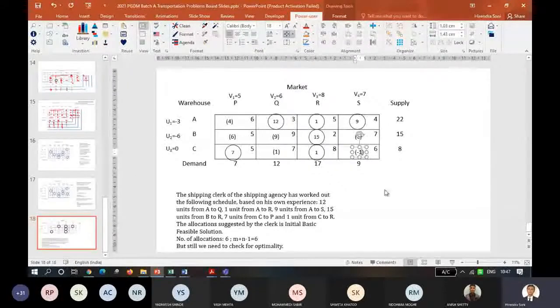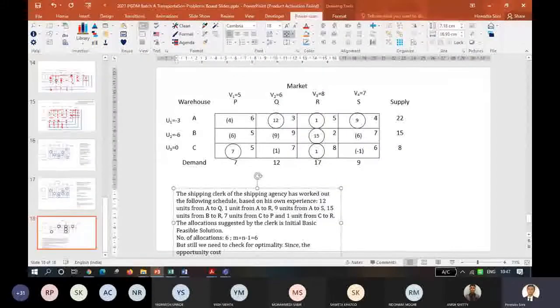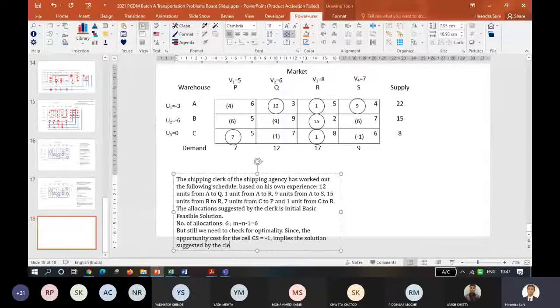So that means since the opportunity cost for the cell CS is equal to -1, the solution suggested by the clerk is not optimal.